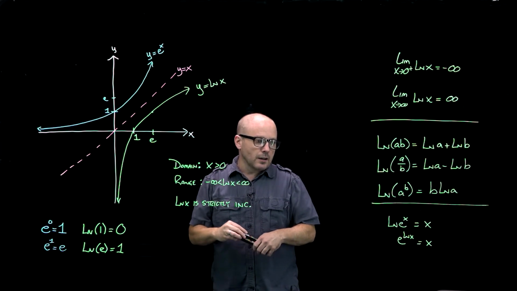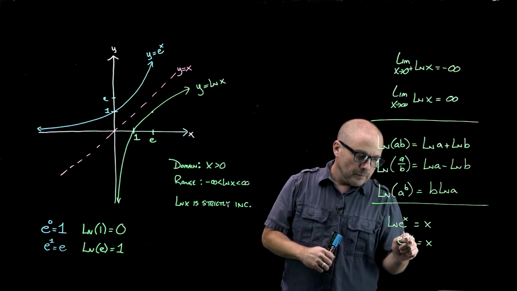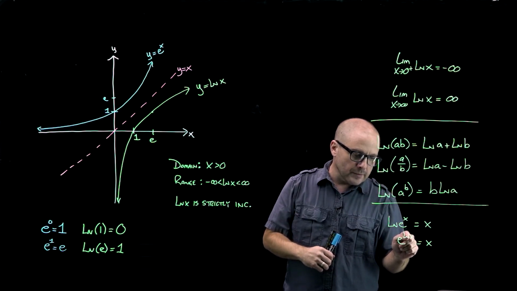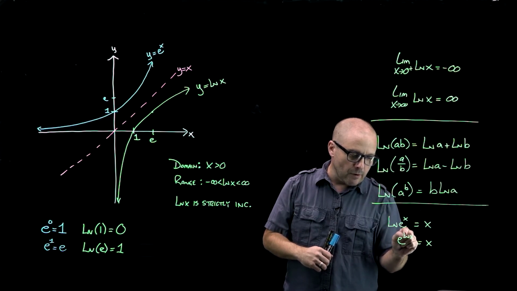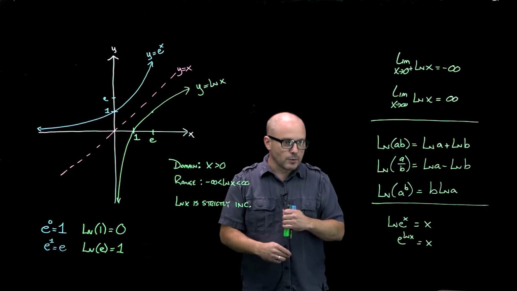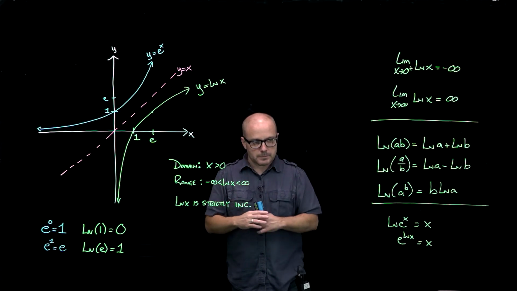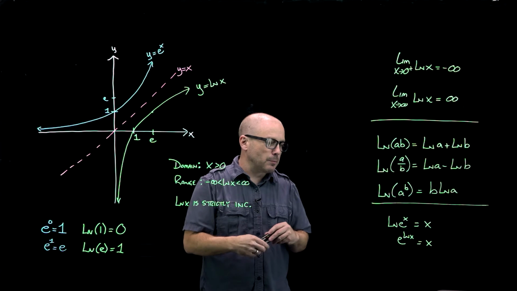Natural log of x will generate numbers greater than 0, and then we're just plugging in numbers greater than 0 into e to the x to get back to our x value. So we're fine there in those compositions.